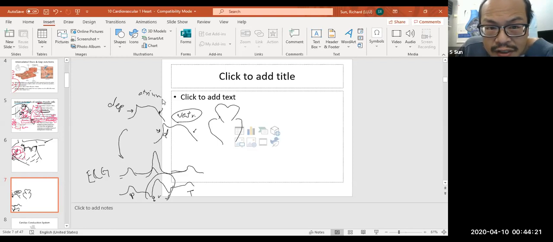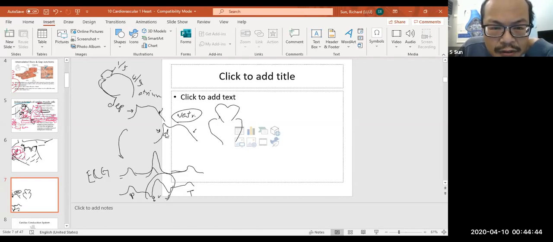However, the atrium is much smaller than the ventricle. If we get the chance to look at the heart, you can see the atrium is maybe only one fifth the size of the ventricle.